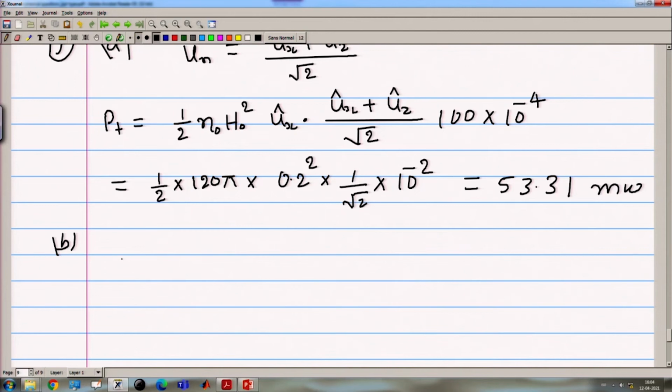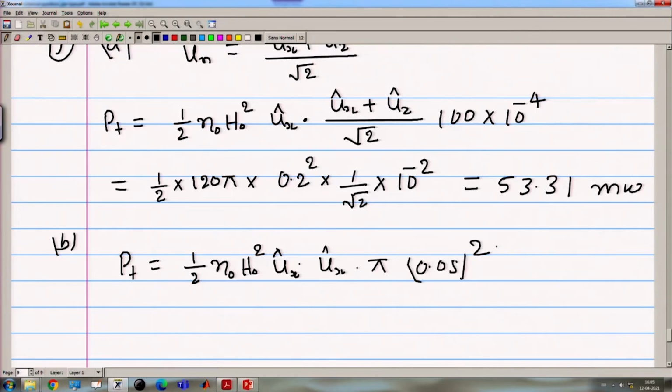So, like that we have to find Pt equal to half eta naught H naught square ux, into pi r square. The radius is given as 5 centimeter, so in meter it is 0.05 whole square.